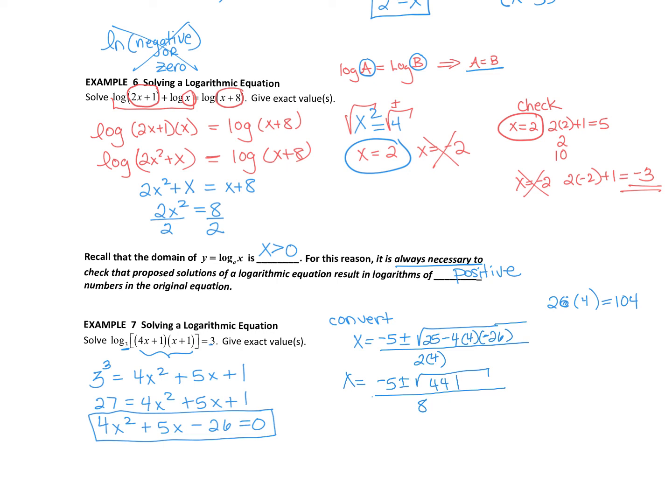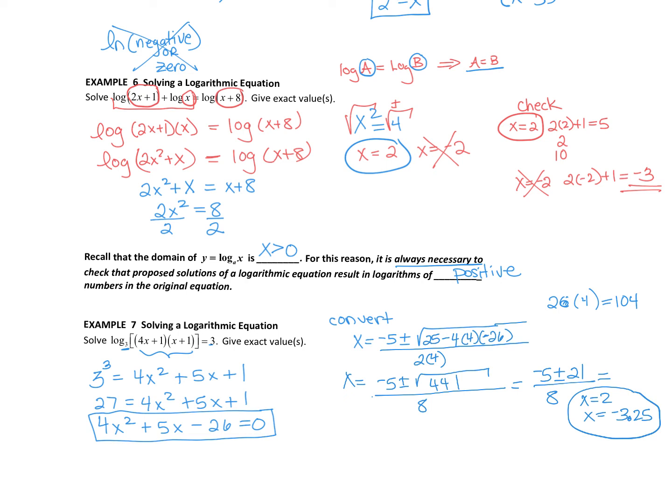I guess this did factor because this is negative 5 plus or minus 21 all over 8, which gives us two answers of x equals 2 and negative 3.25.